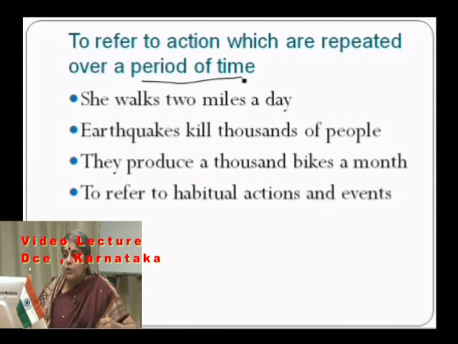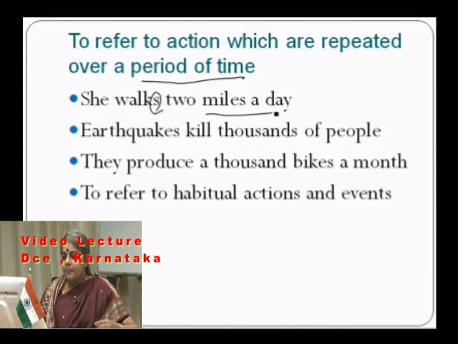She walks 2 miles a day. Walk plus the S suffix, 2 miles a day. That means every day she walks. What does it show? It shows the habit or the nature of that particular lady who walks 2 miles a day.